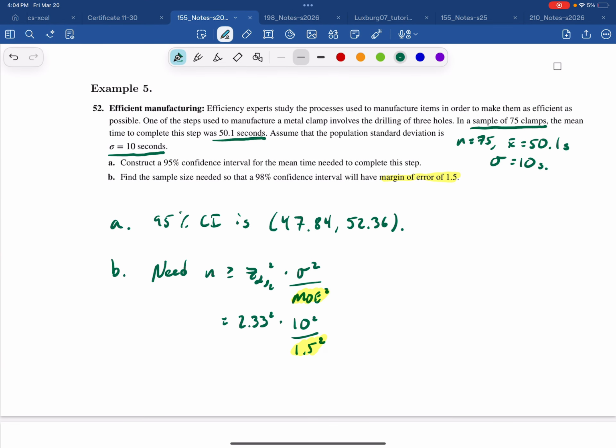We're going to round it up. 241.3 becomes 242. Right? So n needs to be at least 242. And that's what we've got.